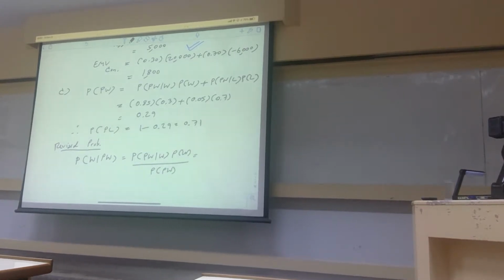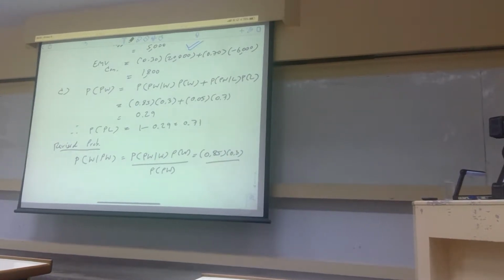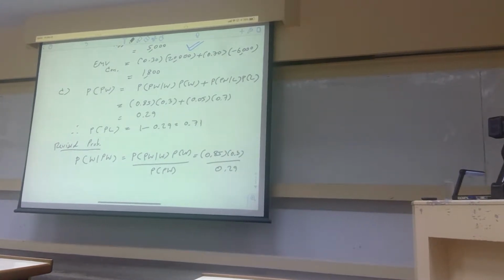We have 0.85 multiplied by 0.3 divided by 0.29, which is 0.79.